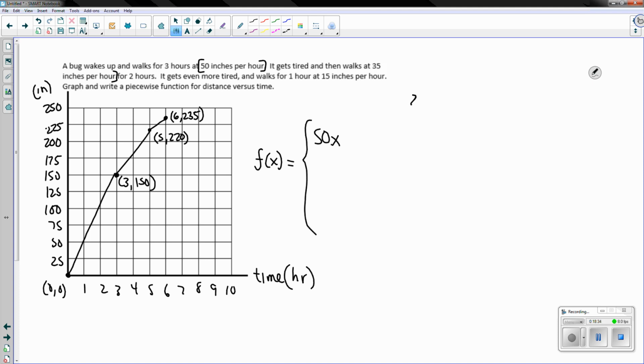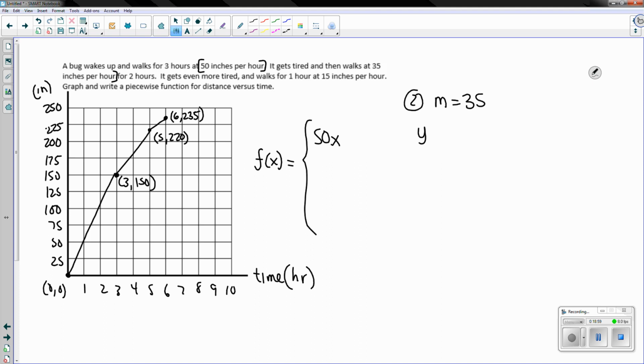So for the second piece, also linear. Slope we know is given in the problem, 35 inches per hour, so we know the slope is 35. Again, if you didn't recognize that, you should still be able to calculate that between the 2 points. So if you do 220 minus 150 over 5 minus 3, you'll get 35. Point it passes through, you can use 3, 150 or 5, 220, it doesn't matter.